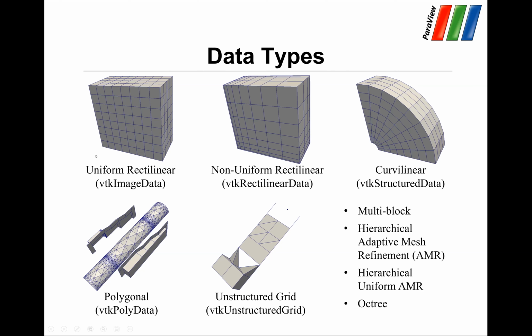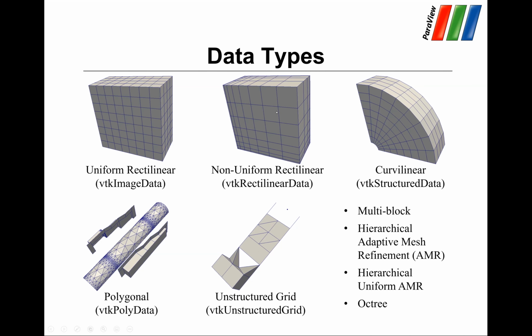You could very easily represent everything as unstructured grid, but that will take a lot of memory and it may slow down processing. So the uniform rectilinear grid, we call this VTK image data, can store only the origin, the extents along each axis, and the spacing for one cell. All the other cells are the same.